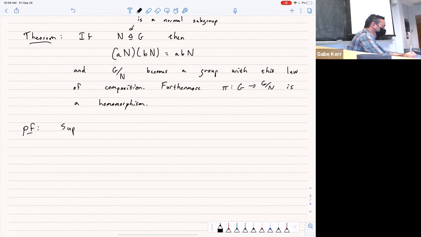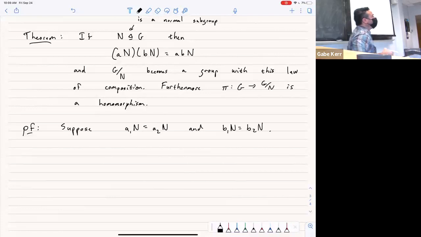Let's suppose a1N equals a2N, and b1N equals b2N. In modular arithmetic, this would be like saying 7 and 2 are equal mod 5.